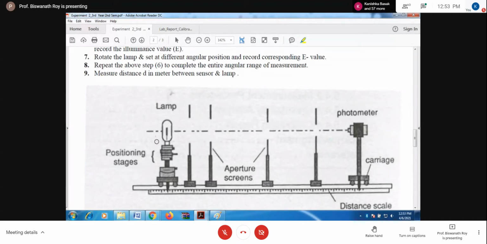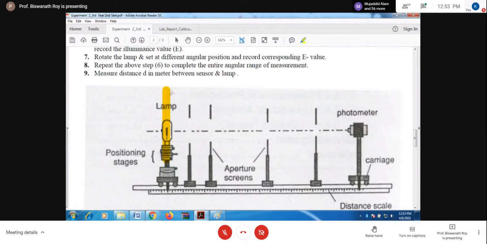If I rotate the lamp about the vertical axis, the horizontal intensity distribution received by the sensor is different.